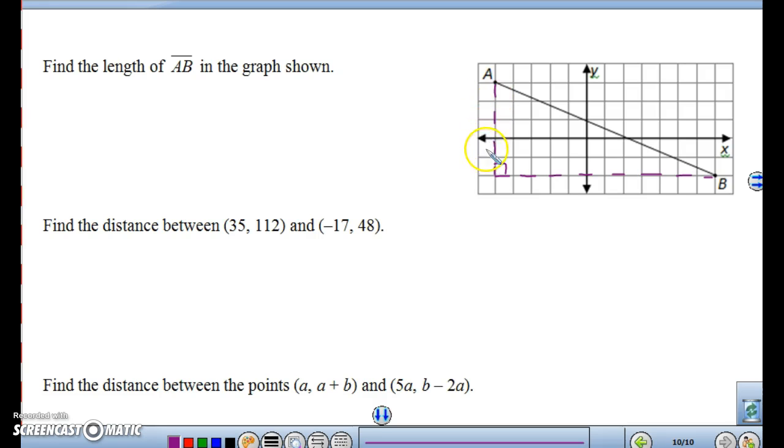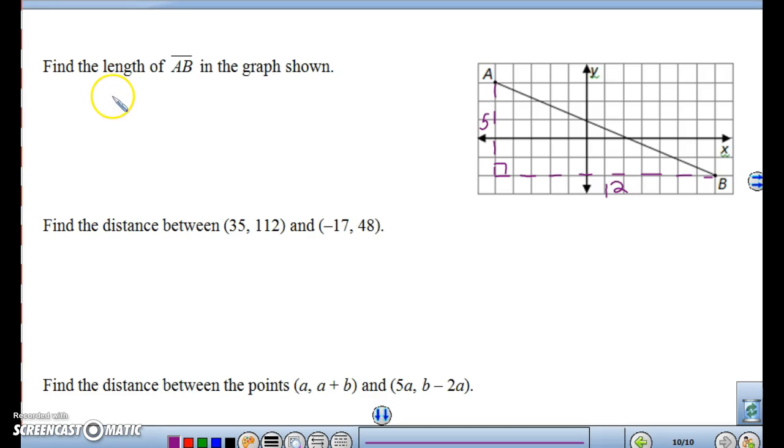1, 2, 3, 4, 5 is this side. And then 1, 2, 3, 4, 5, 6, 7, 8, 9, 10, 11, 12 is this side. So we can use AB as our hypotenuse and apply the Pythagorean theorem to this because it's easier just to count this.